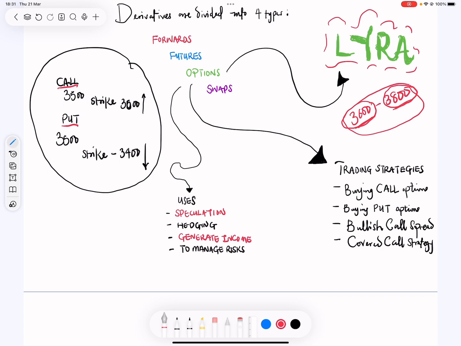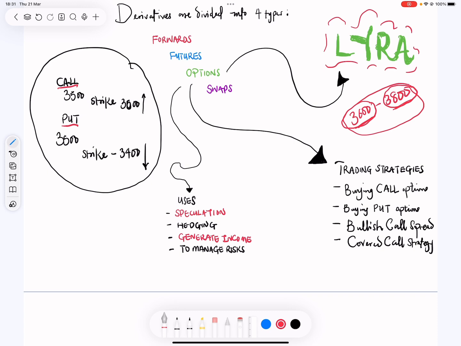So the way you win in a covered call strategy is that you're selling against that strike price, and you do not want it to go above that strike price, because when it goes up, you're losing. So the moment it stays below 3,600 at 3.5, you won that trade.